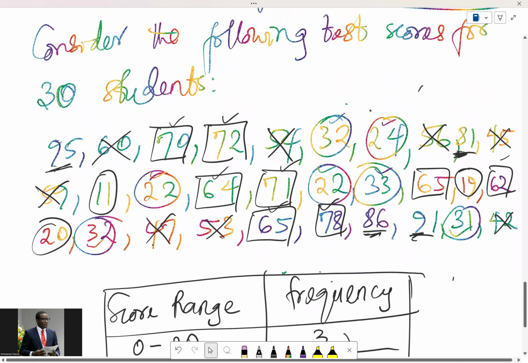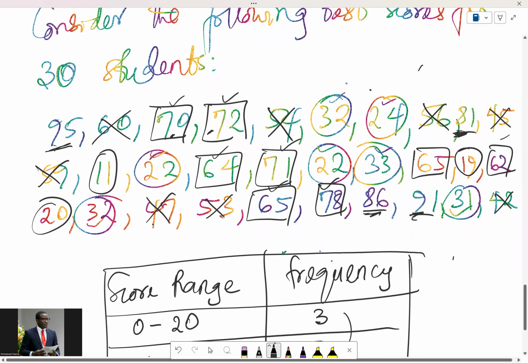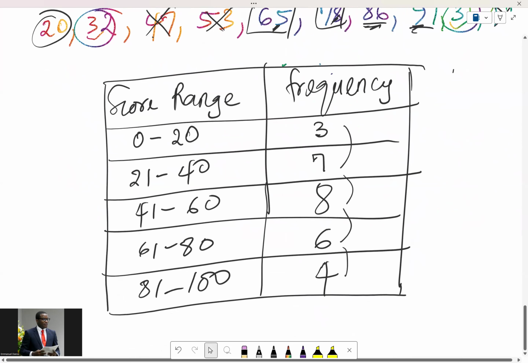That'll be 1, 2, 3, 4, 5, 6, 7, 8. 61 to 80 is 8. Okay. All right. 61 to 80 is actually 8. Yeah, I think that's where the issue is.